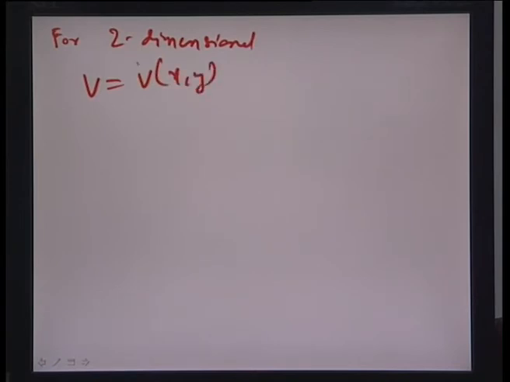Also, we already know that the flow is 2-dimensional. So, for such a flow, the velocity vector v should only be a function of x and y. Therefore, there is no third component, or w is equal to 0 in any case.